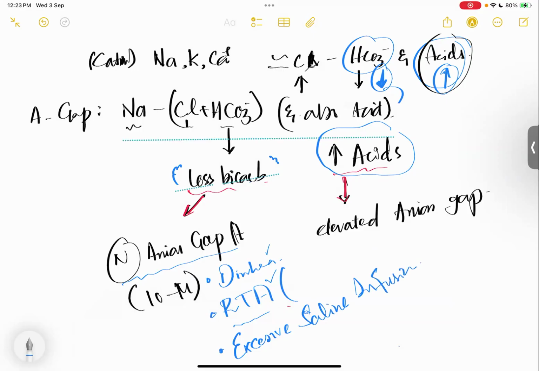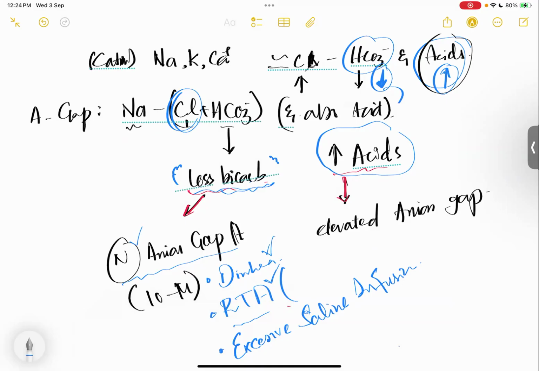Okay, got this? So if the problem is in bicarbonate itself, it will be normal anion gap. The examples are diarrhea and RTA. And if we have increased chloride.